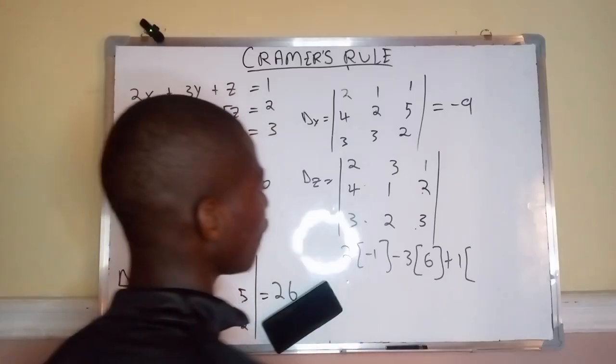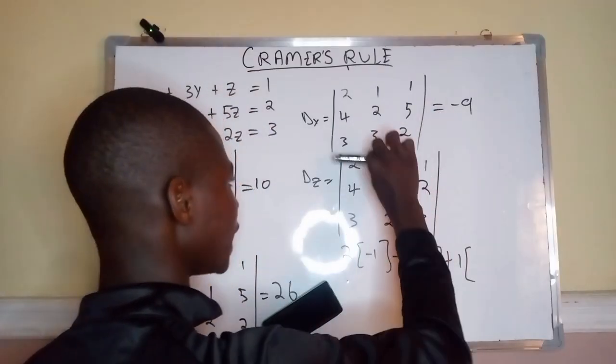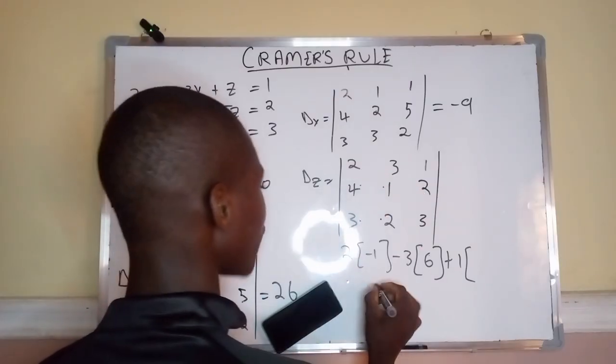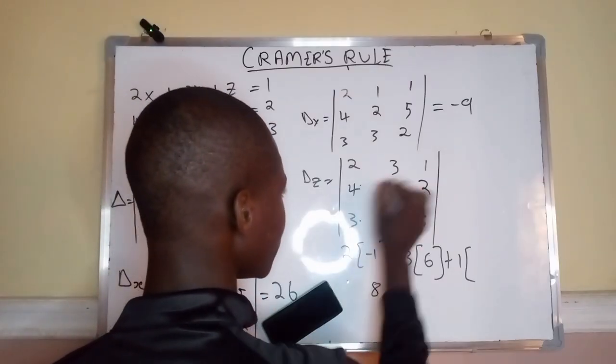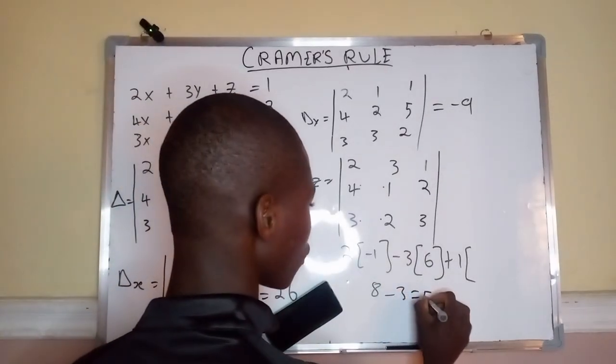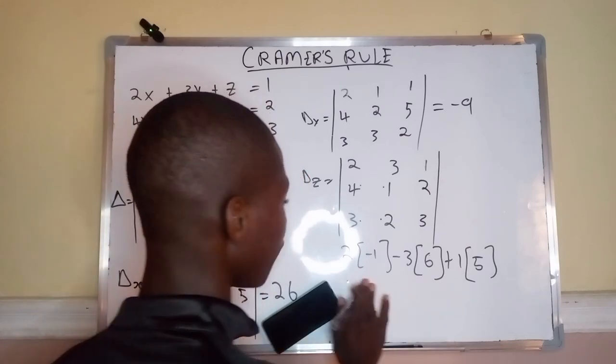So therefore, let me solve for 1. If I delete this, I'm having 4, 1, 3, and 2. 4 times 2, which is 8, minus 3 times 1, which is 3. Therefore, it is equal to 5. So therefore, I'm having 5.